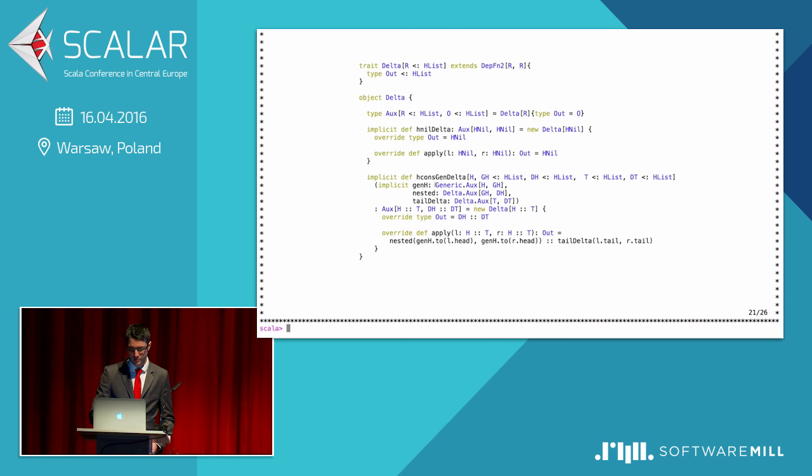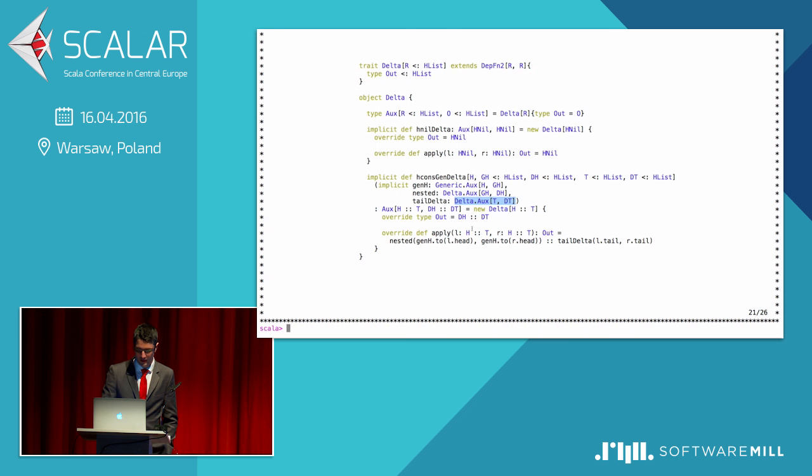if there is a generic representation for the head, and if I am able to compute a delta for these generic representations, and if I am also able to compute a delta for the tail of the representation, then I am able to compute the delta for the whole list. Okay?